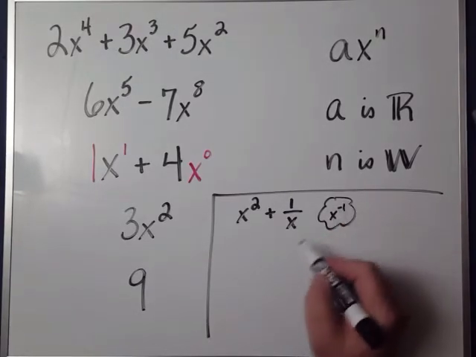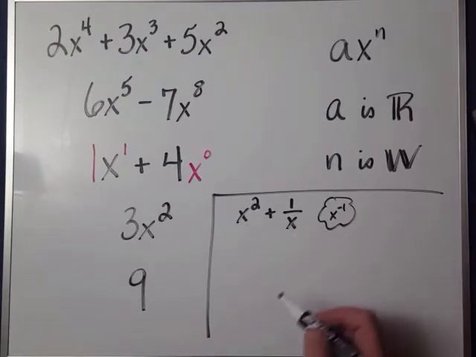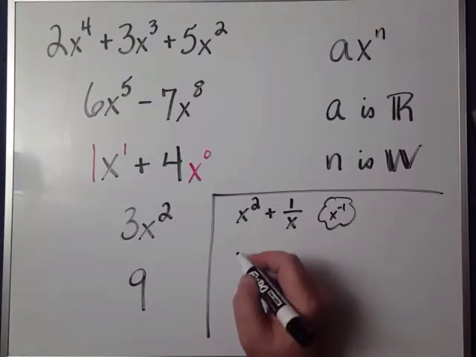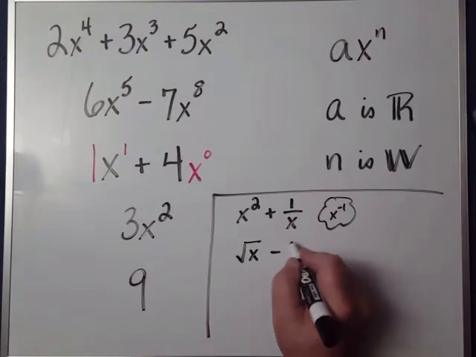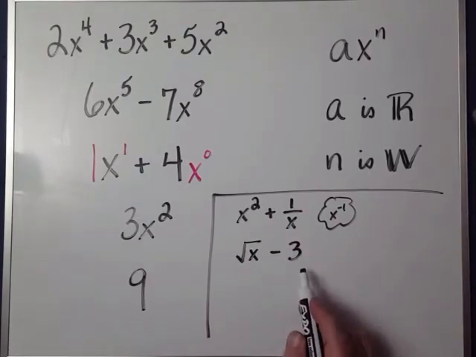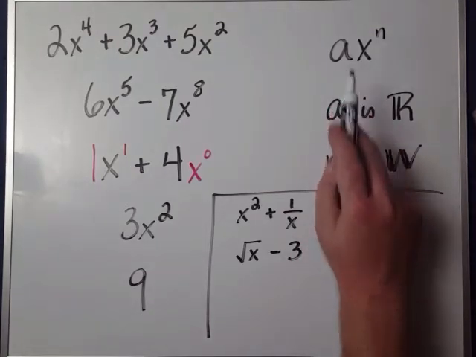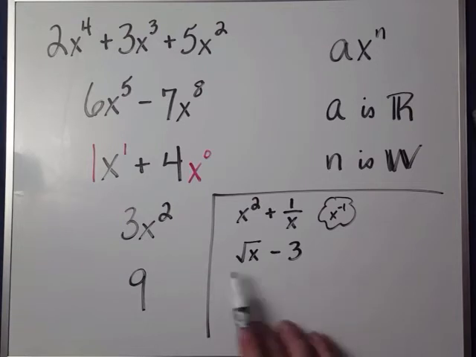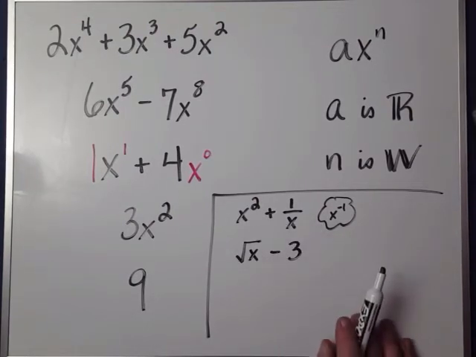And negative 1, a power of negative 1 is not a whole number. So this is not a polynomial. What about square root of x minus 3? The minus 3 is fine, but the square root of x, it doesn't fit our format. So these would be examples of expressions that are not polynomials.